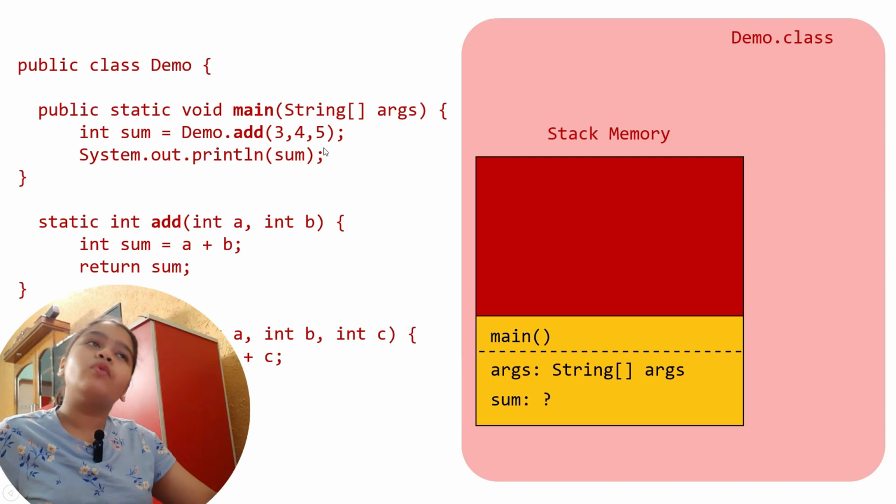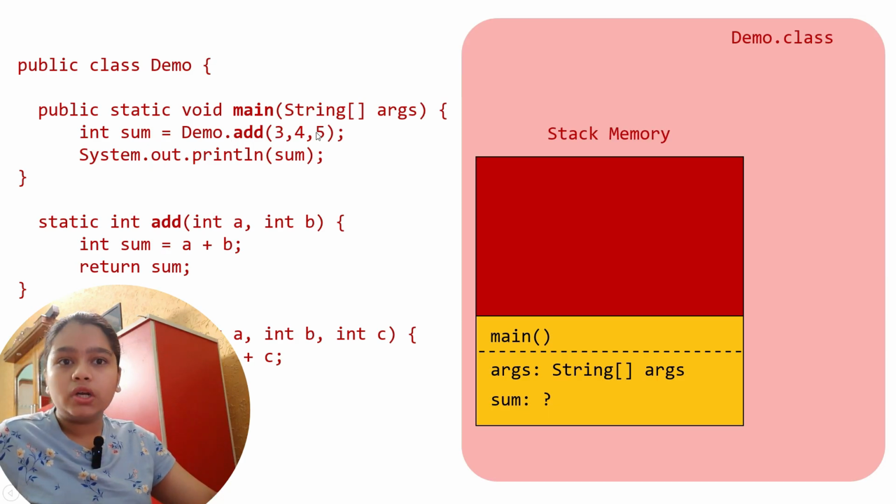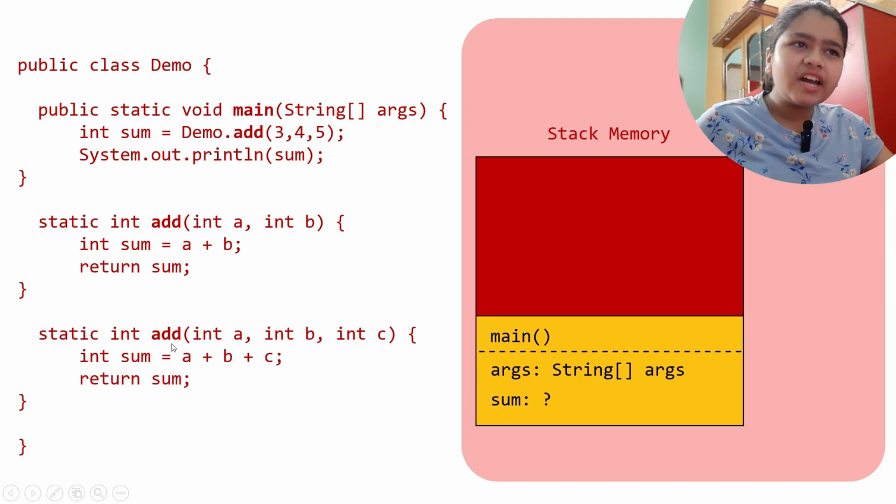Now it sees demo.add(3, 4, 5). So now the add method with 3 parameters is getting called. So it searches over here. This add method has 2 parameters, so it is not getting called. This add method, add(a, b, c) with parameters a, b, c, yes, there are 3 parameters here.